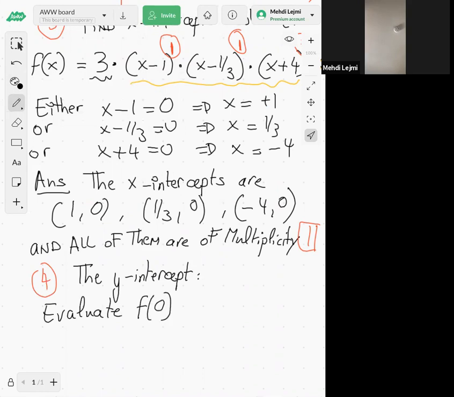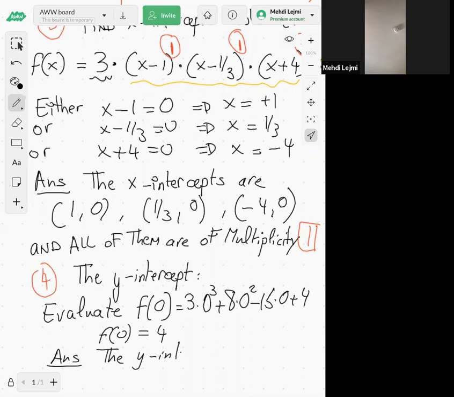So f of 0 is 3 times 0 cubed plus 8 times 0 squared minus 15 times 0 plus 4. So f of 0 is 4, and so the y-intercept is (0, 4).